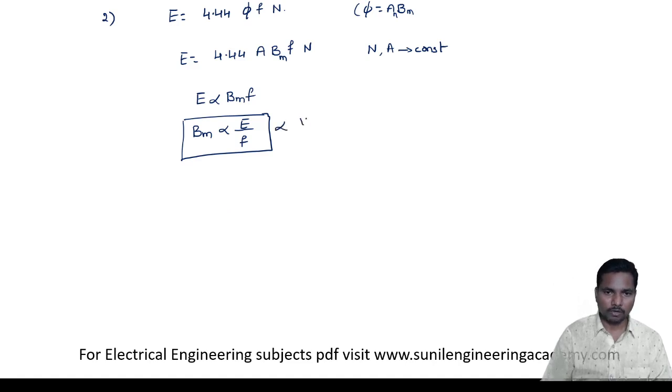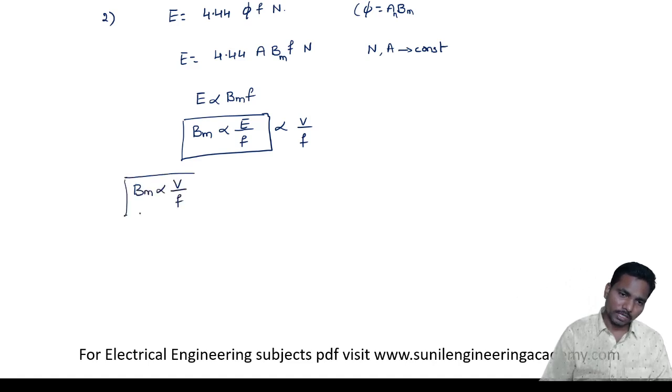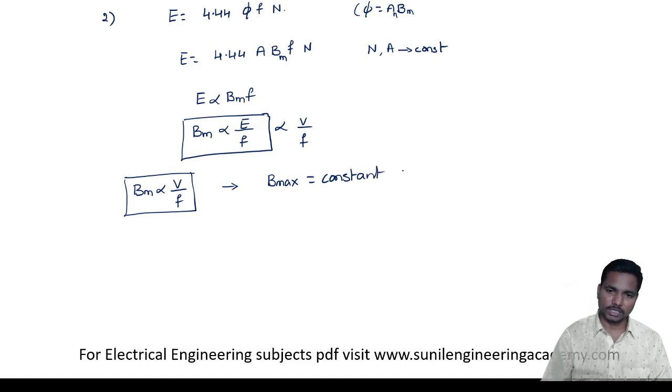That means voltage by frequency. So B max is proportional to voltage by frequency. If voltage and frequency are constant, then B max is constant. So if you want to get constant flux density, then what we have to do is keep V by F constant.